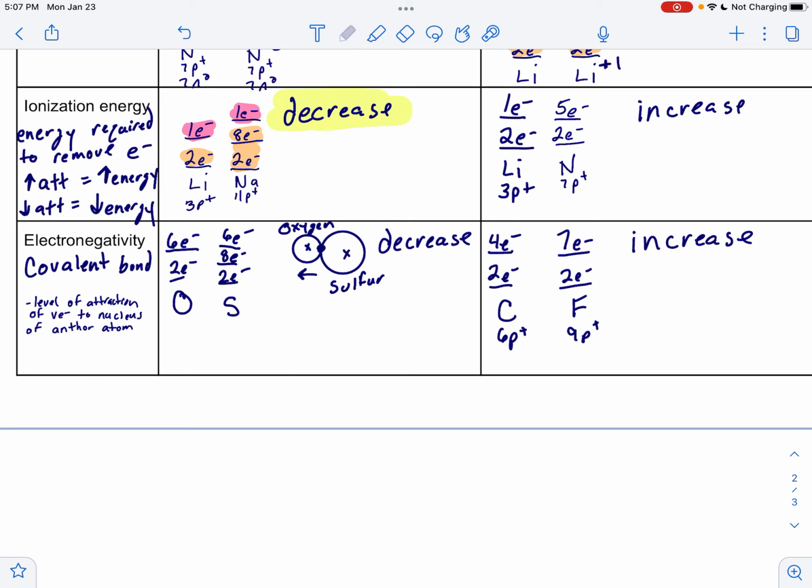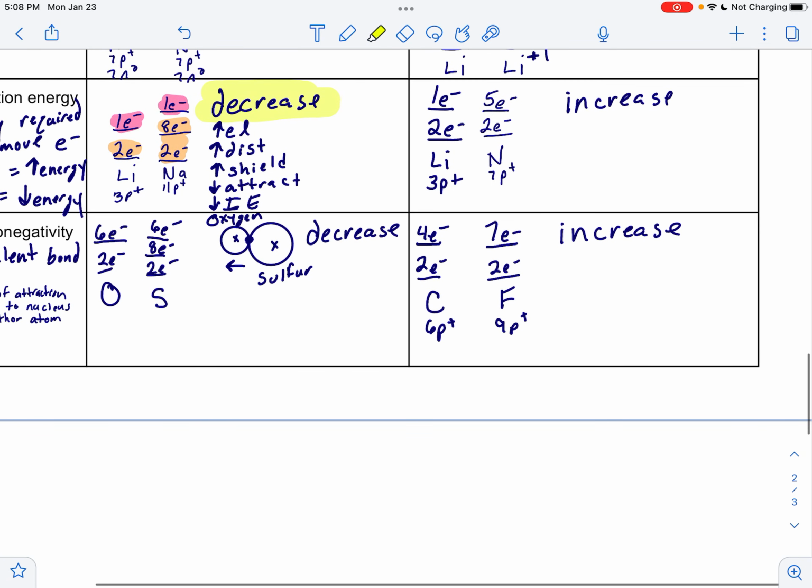The reason is that as we go down a group, we have a higher number of energy levels, higher distance, and higher shielding, which means lower attraction. Because we have less attraction, it's going to require less energy to remove the electron from the atom.